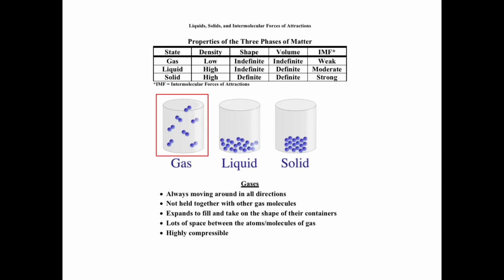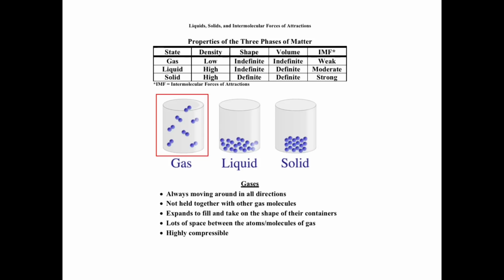A gas has low density, it takes whatever the shape of its container is. That's what it means by indefinite. And whatever the volume is, it will actually expand to fill the volume. And then we have this thing called intermolecular forces of attraction, which is going to be largely what this chapter and this stuff we're covering is going to focus on.